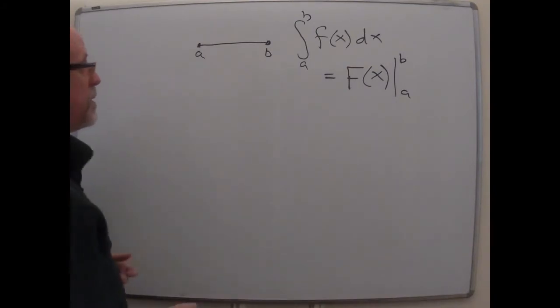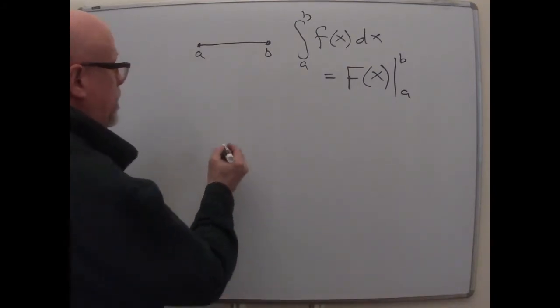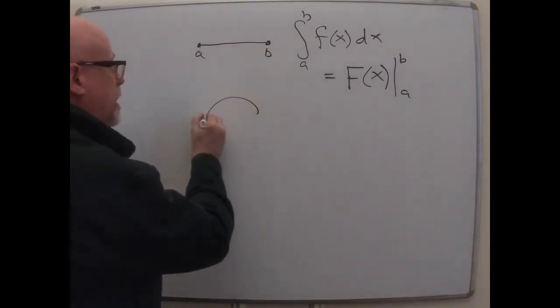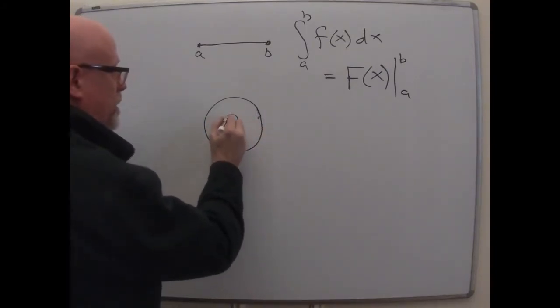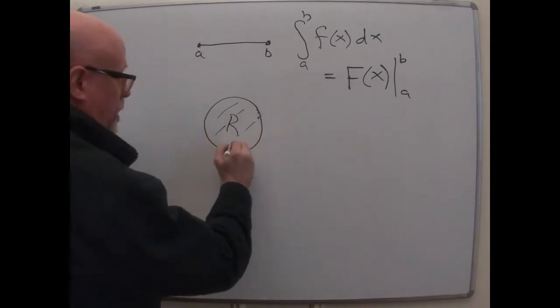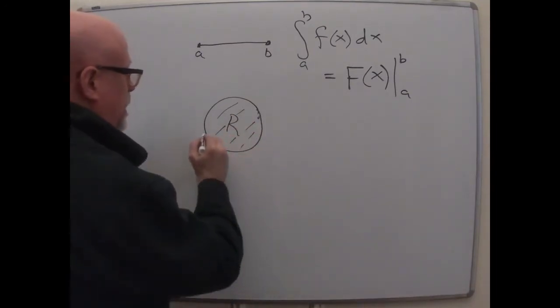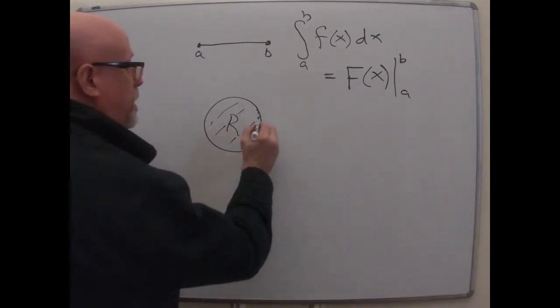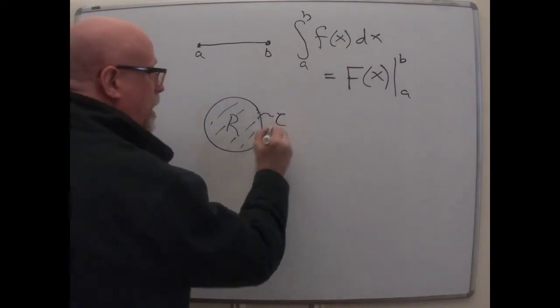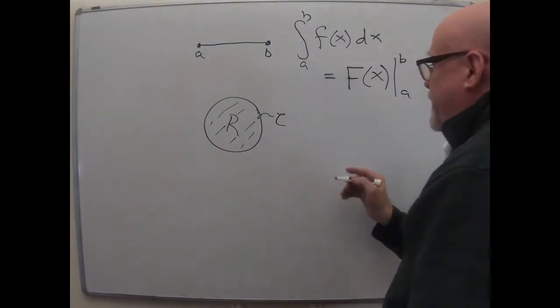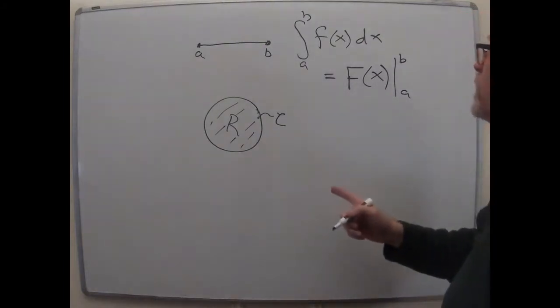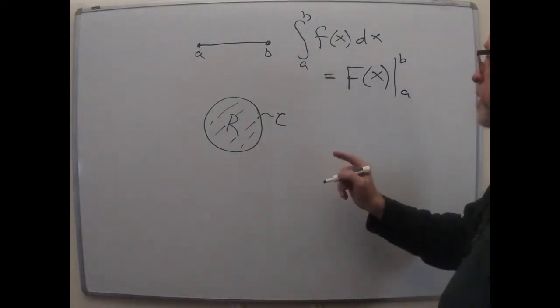When we did this kind of stuff for Green's theorem, the region, R, was the interior of a disk, or something roughly shaped like a disk. And then the boundary was this curve on the outside. Green's theorem said two different things, but the one I'm going to focus on today is the divergence form.